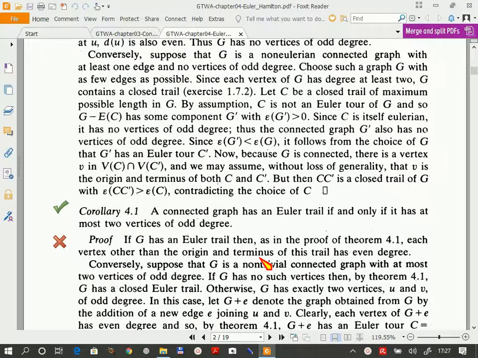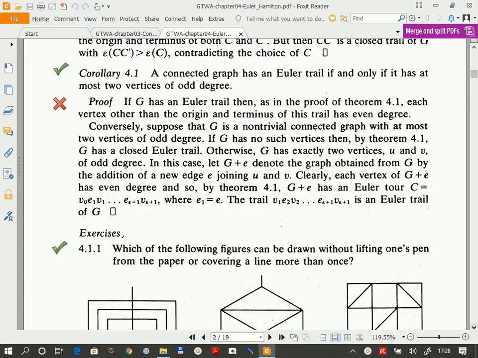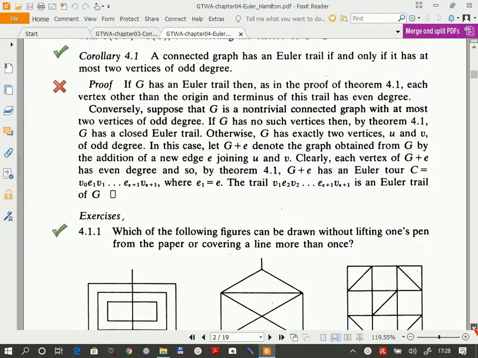So, if you have 2 vertices of odd degree, you can start on one, and there is a trail which goes through every edge just once and ends at the other vertex of odd degree. Okay? So we have a very, very simple condition.